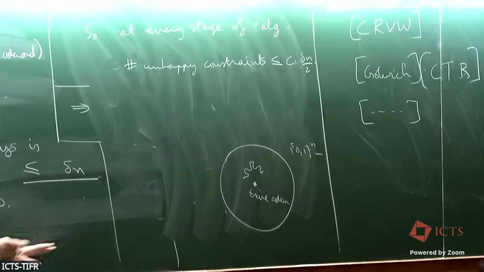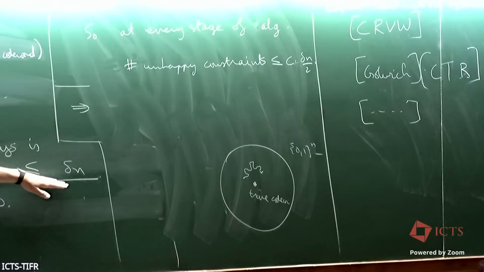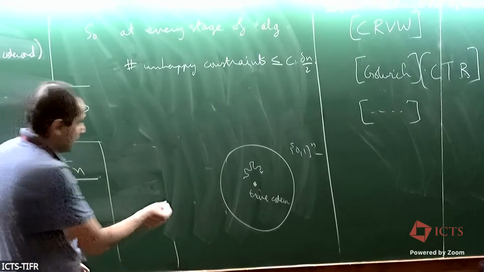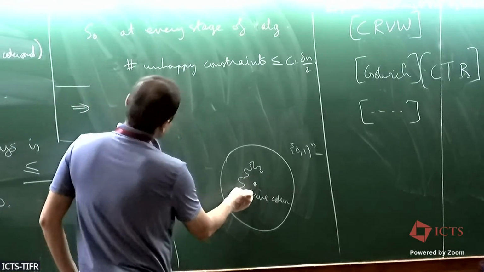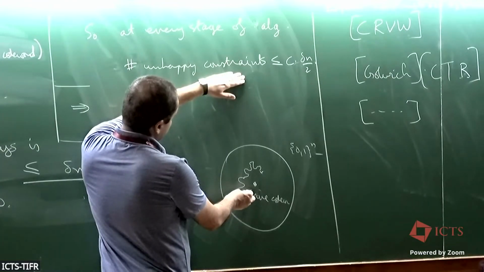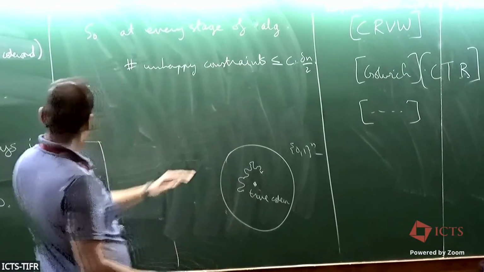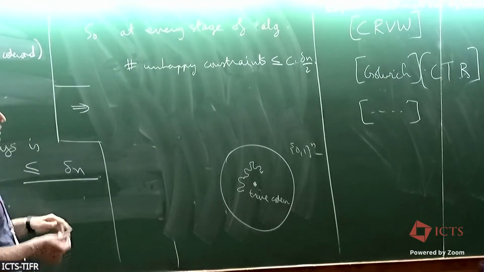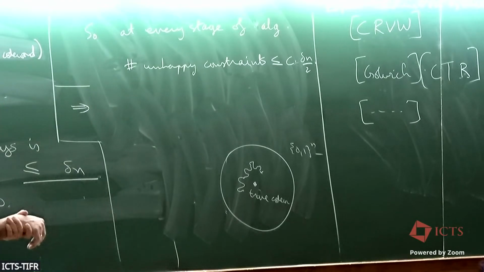If we go too far, then I lose this property. The moment the distance goes more than delta n, I'm not able to prove the existence of the bit to flip. So we move around. If we ever end up far, then consider the step where we went far.